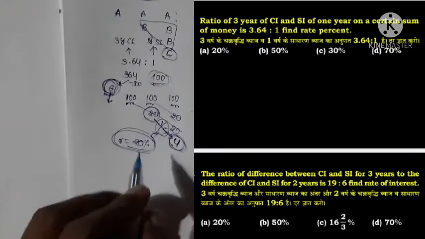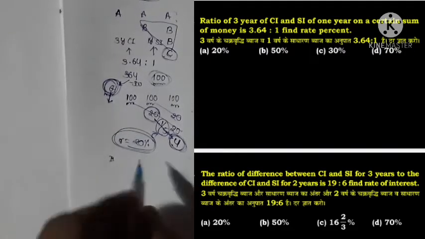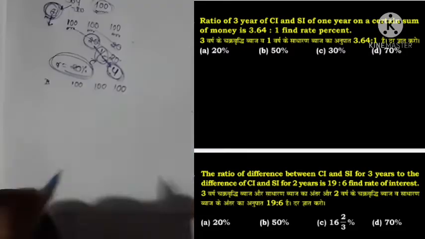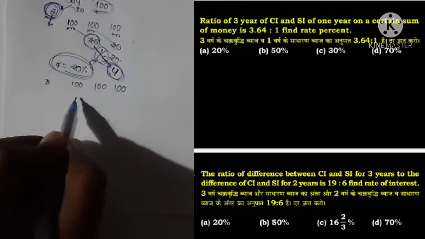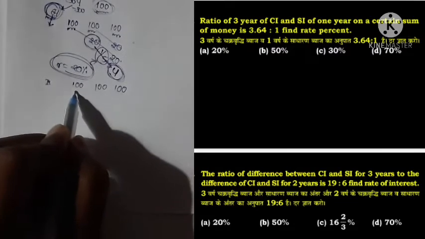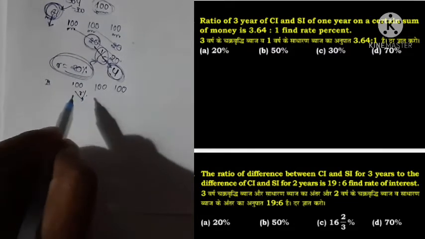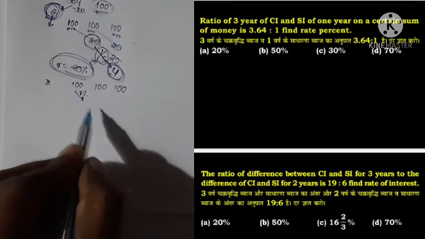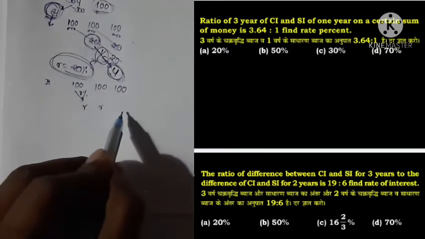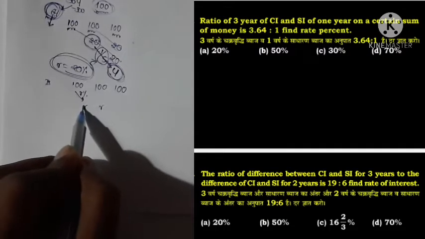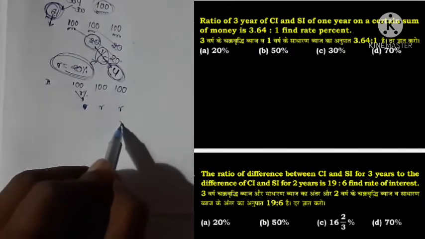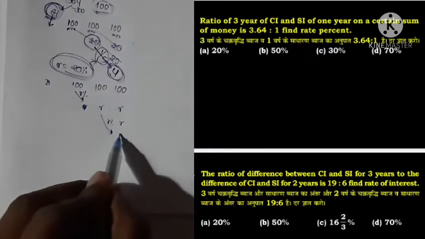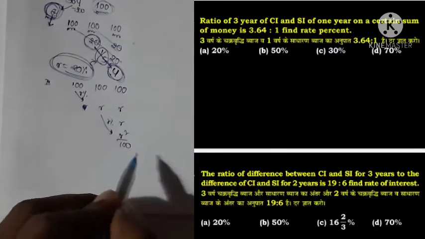Otherwise, take 100. Here take the rate of interest as R percentage. So R percentage value is R. Here R percentage of R is R square by 100.